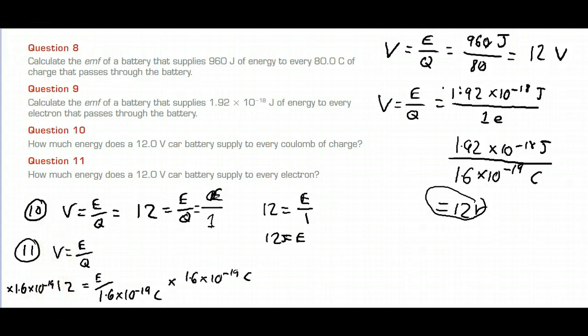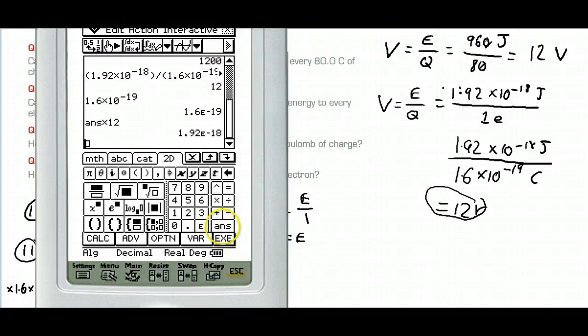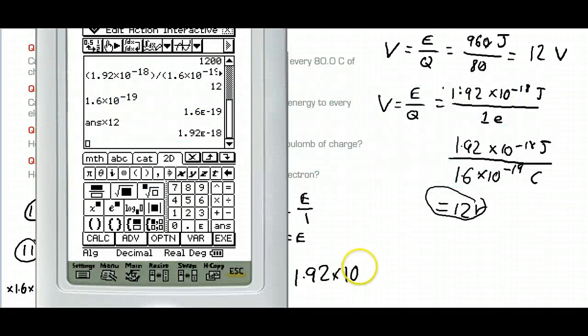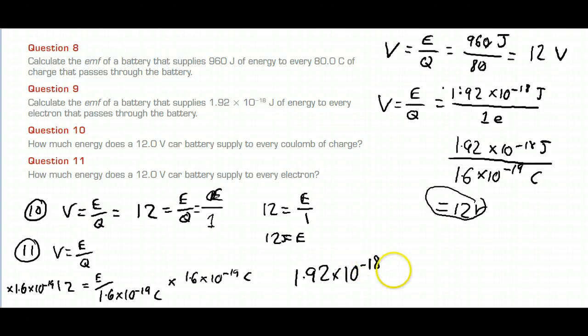Put that into a calculator. 1.6 times 10 to the negative 19 times 12 equals 1.92 times 10 to the negative 18. So that is an amount of energy, an amount of joules. A very small amount, but an amount of joules nonetheless. So that's how much energy a 12 volt car battery is supplying to each and every electron.